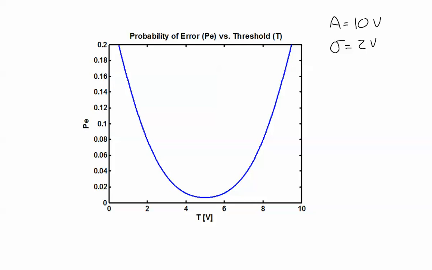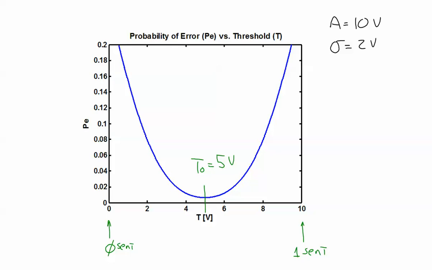All right, and what we find is that, not surprisingly, if this is the voltage that I send when I send a 0, and this is the voltage 10 when I send a 1, the optimum decision threshold, this is where I said earlier it's probably quite obvious to you from the beginning, my optimum decision threshold is right in the middle.